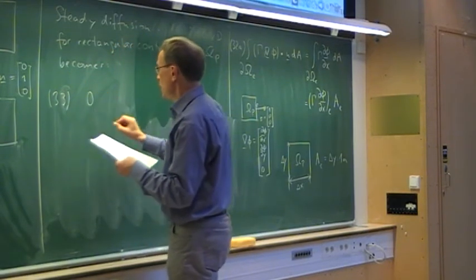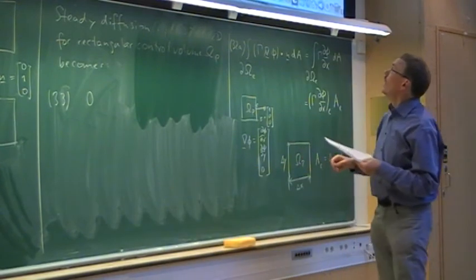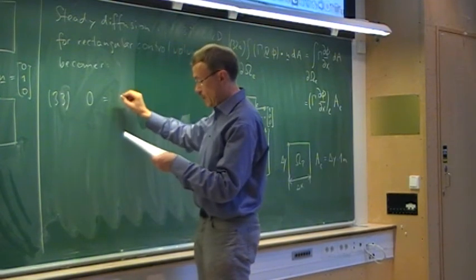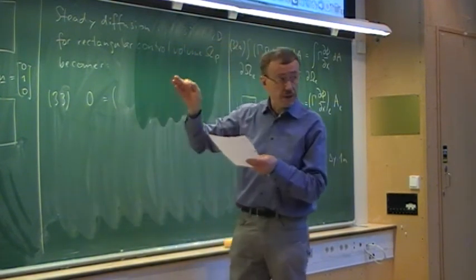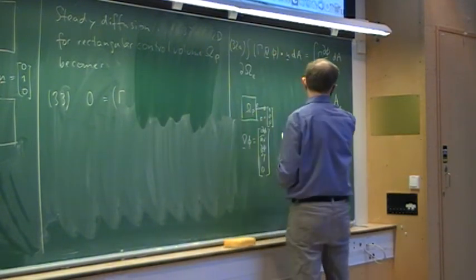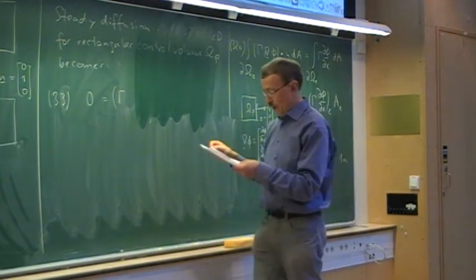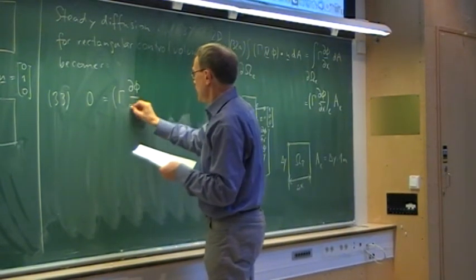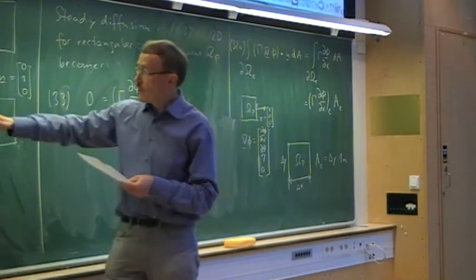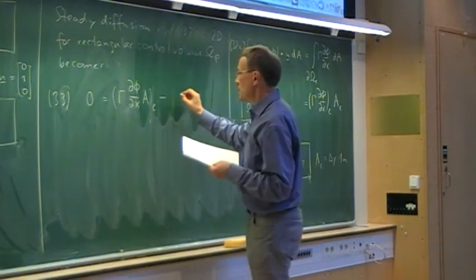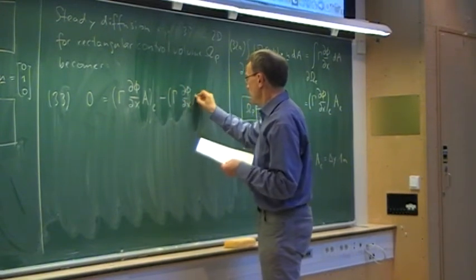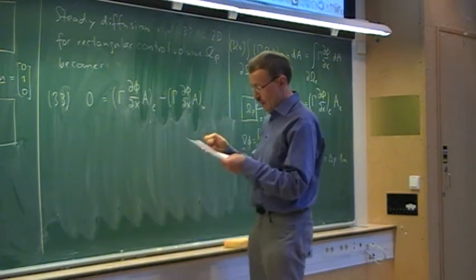We still have 0 on the left-hand side. And the different contributions are then, now we write the area into the expression. The diffusive flux over the eastern face is then this here. Now we write the A in here. So we have d phi dx times A at the eastern face. At the western face we have this contribution: minus gamma d phi dx times the area at the western face.